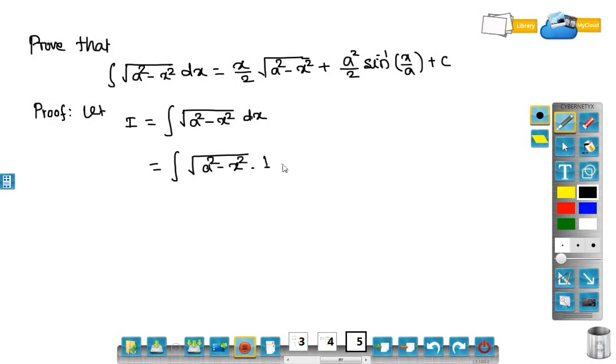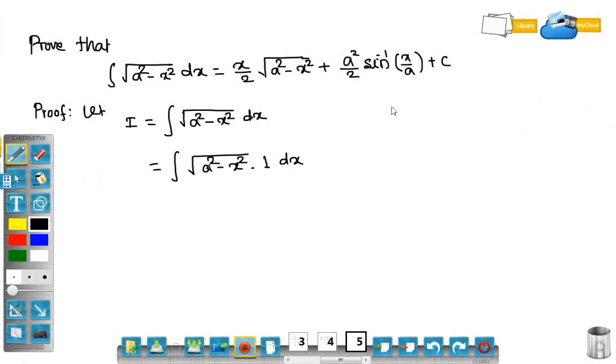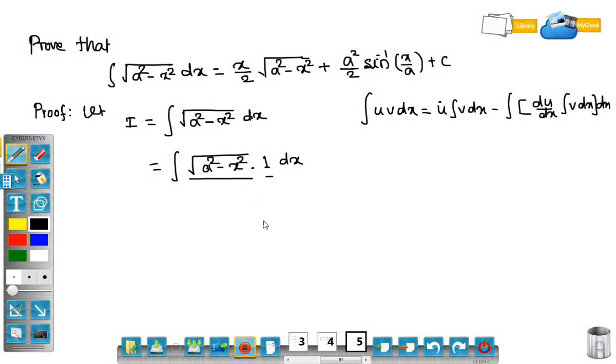I will take 1 as the second function, and now integrate by parts. The formula for parts is: integral of u v dx is equal to u into the integral of v dx, minus the integral of, in bracket, the derivative of u into the integral of v, and again dx. So in this case this is the first function u and this is the second function v.